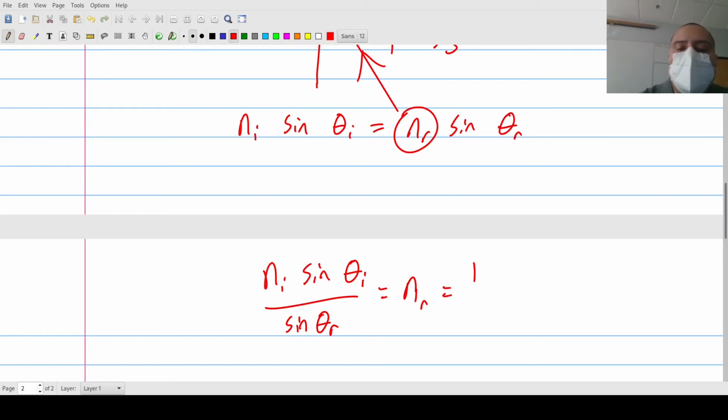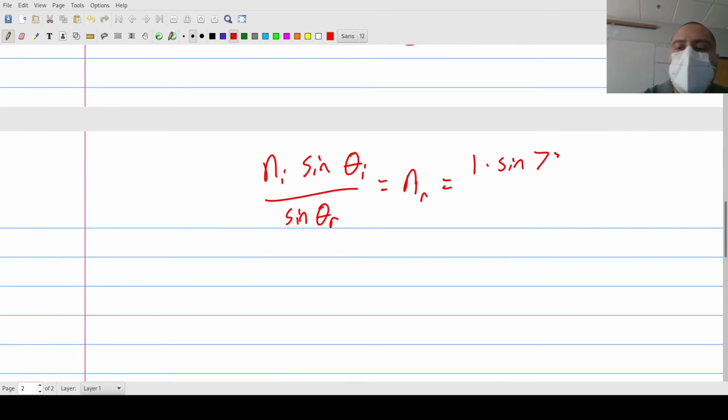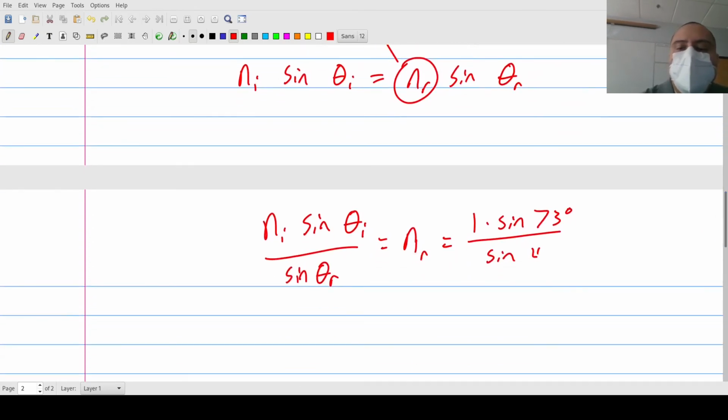Plugging in numbers, 1 was N incident, times the sine of 73 degrees, divided by the sine of theta refracted, which was 40 degrees. Let me grab my calculator.